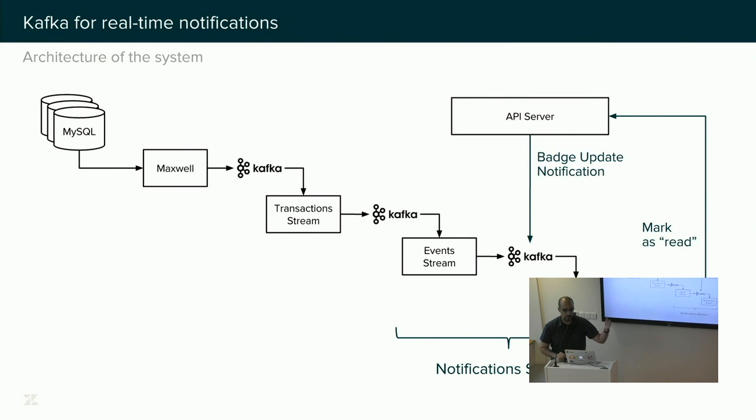So it will be consumed in order as well by this notification stream. And so the batch update from marking notifications read will follow the same order as any other notification, and it will update the batch count correctly as well.